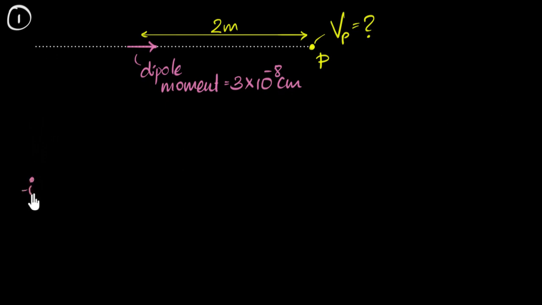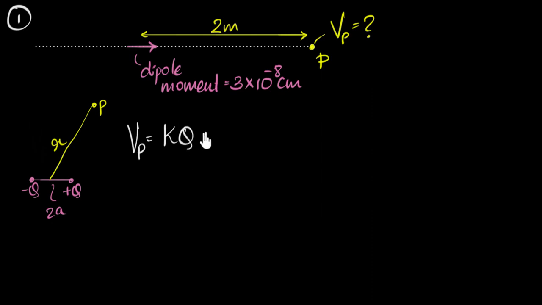If you have a dipole, let's say there's a negative charge and a positive charge, separated by some distance we used to call 2a, and you want to know the potential at some point P at a distance r from the center of the dipole, that expression is k q into 2a cos theta, where theta is this angle, divided by r squared. And how did we derive that?